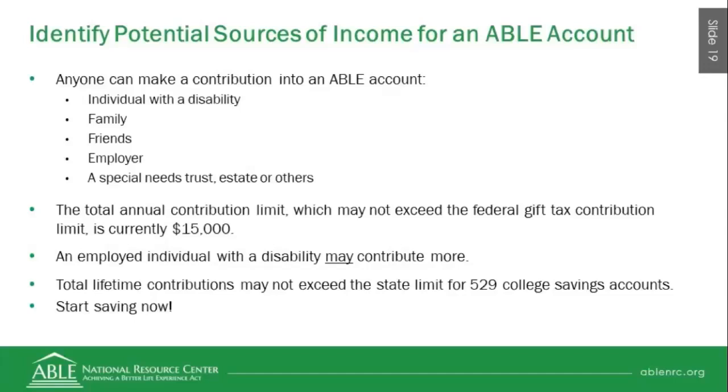The thing to keep in mind is that there is that total annual contribution limit, which may not exceed the federal gift tax contribution limit, and that's currently $15,000. So you can't put more than $15,000 into your account over the course of the year. If you put $15,000 in and you spend $5,000 of it, you can't put another $5,000 in, right, Marlene? No, you can't.